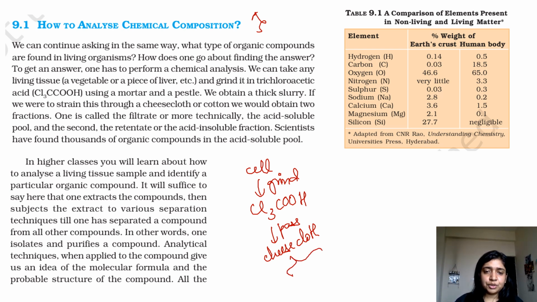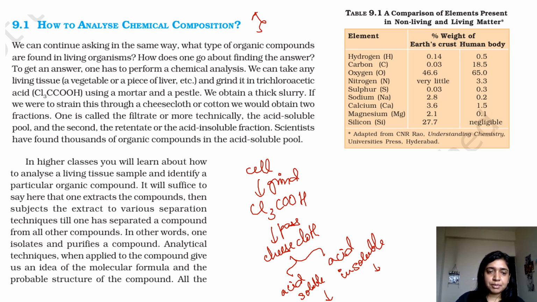After filtering, you will get two parts. One would be the liquid that comes down. That would be your acid soluble fraction because it came down with the acid, and the part that is remaining on top of the cheesecloth will be your acid insoluble part. And after getting these, you further have to go through different filtration and purification methods.